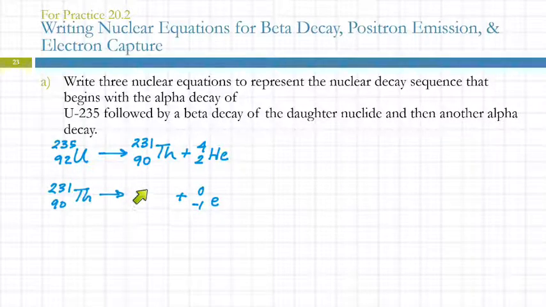And then to find the superscript here, what plus 0 is 231? And what minus 1 is 90? So this must be 91. And that's PA.